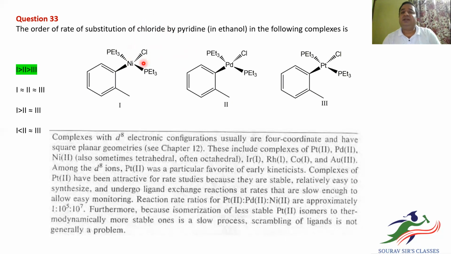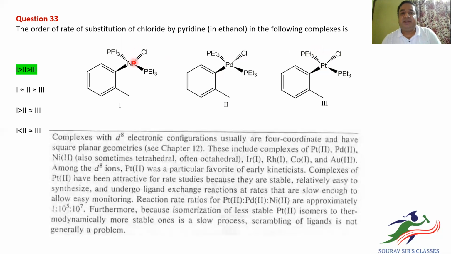Now please understand, nickel is smaller in size, palladium is a little bigger in size, and platinum is larger in size. So the larger the metal, the better the coordination number; it will allow a higher coordination number. So we can say for nickel, the intermediate, which is TBP, will be less stable. It will be sterically hindered.